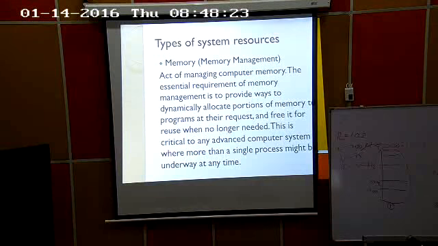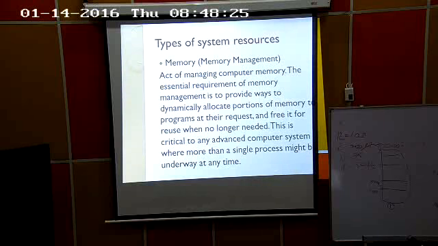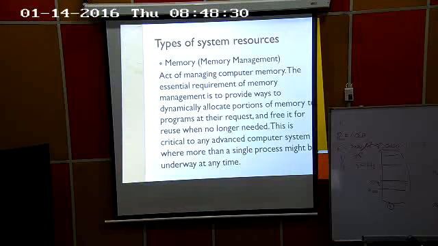Another type is memory. It will conduct memory management related to CPU time.